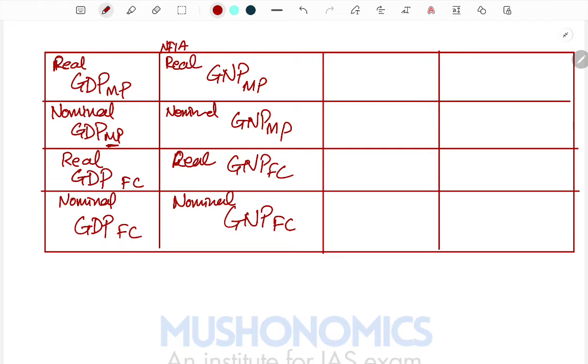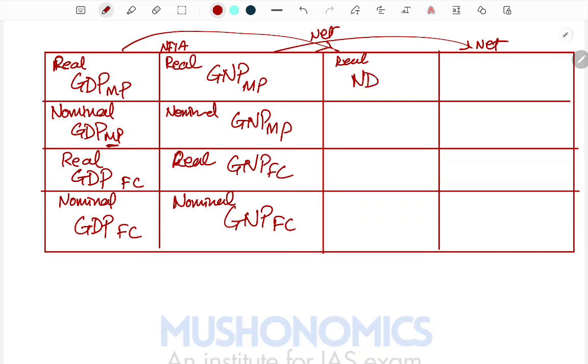Okay, fine, we have understood this. Now with gross, if we subtract depreciation, we will get net. So from here we are getting to net. This will be real NDP. Now not GDP, not gross, net.